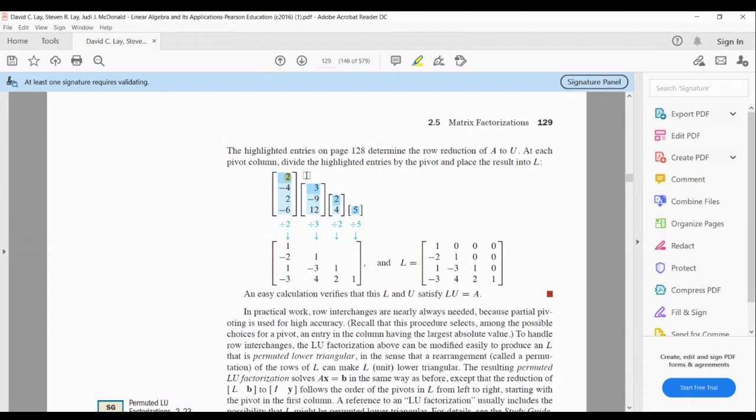Dividing the top entry by 2 makes it a 1, but then you have to divide all the other entries by 2.